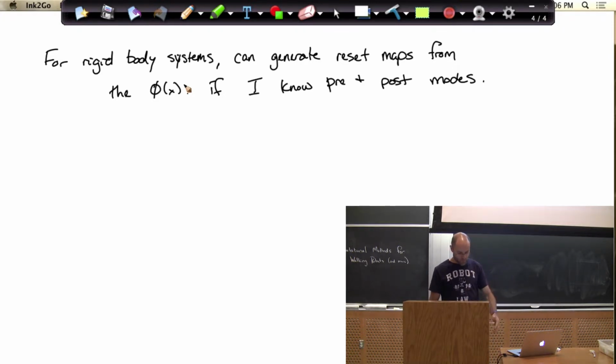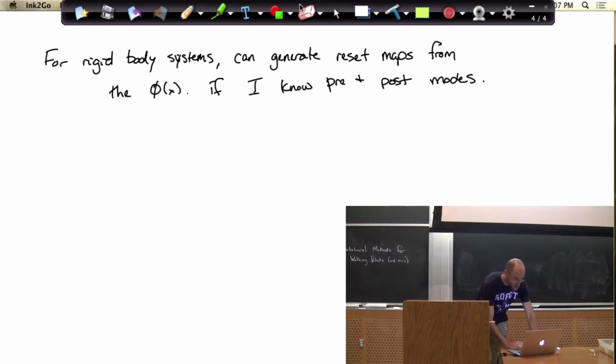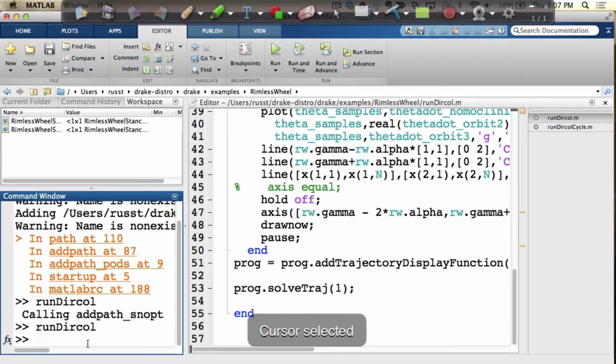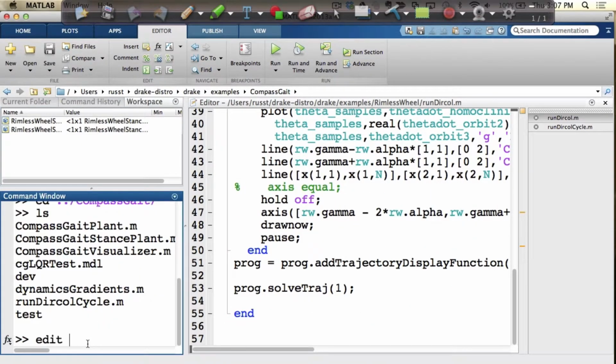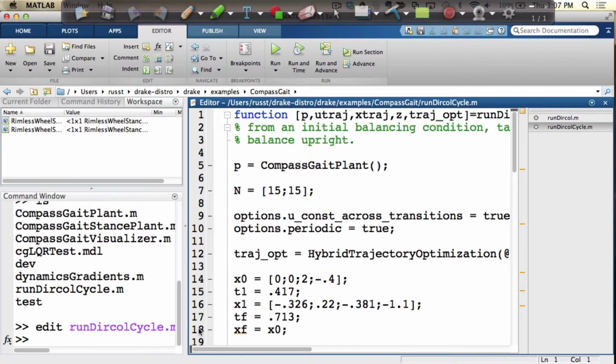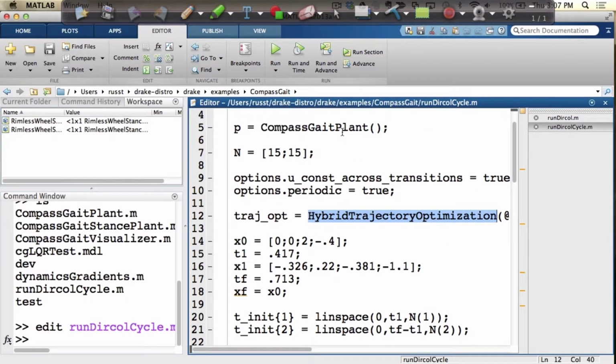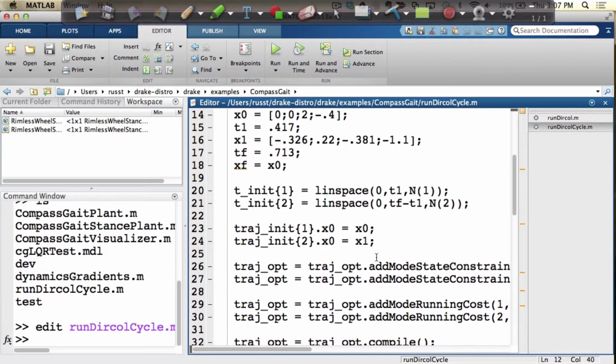Okay. But if everything is known, then trajectory optimization is pretty easy. Okay, so let's see a slight generalization. Now we have, in general, a hybrid trajectory optimization, where I make a system that just has, I enumerate the hybrid modes.